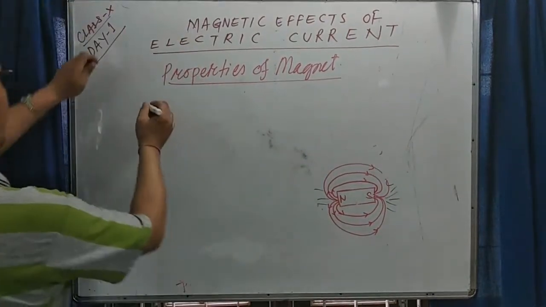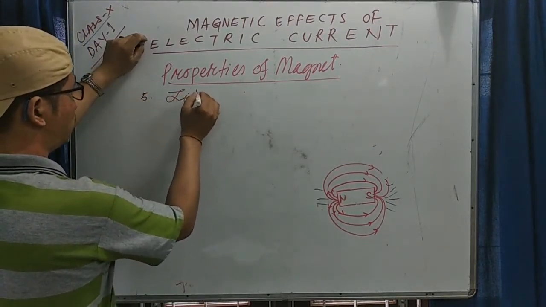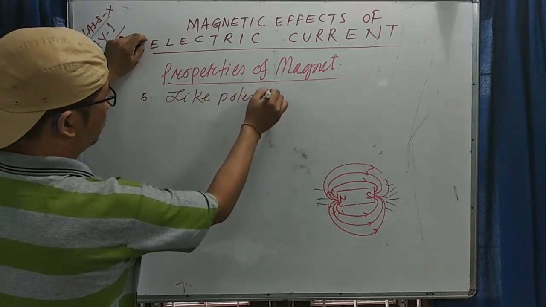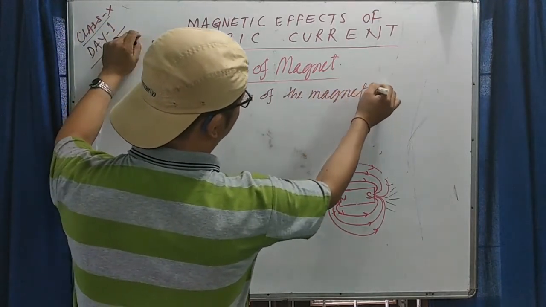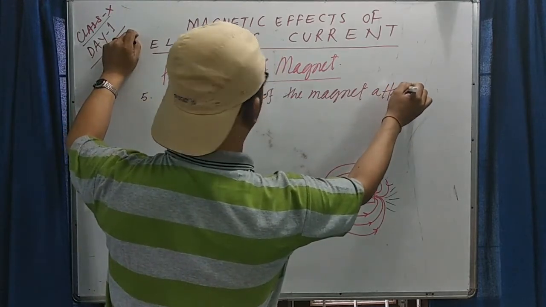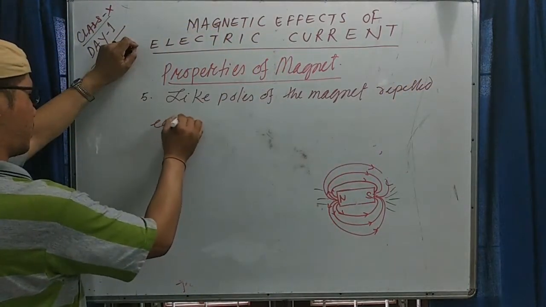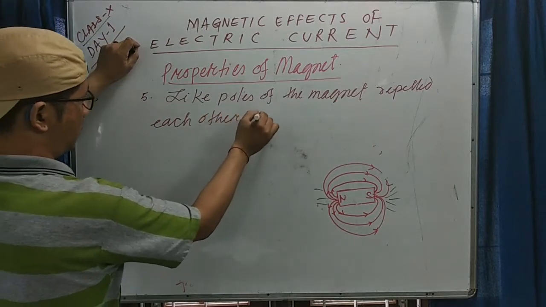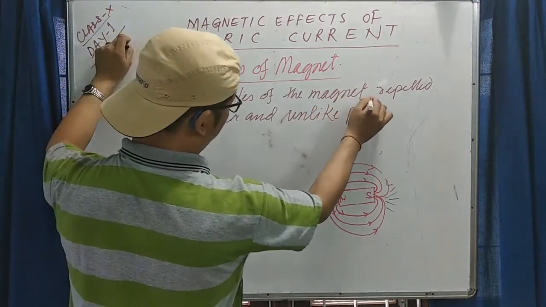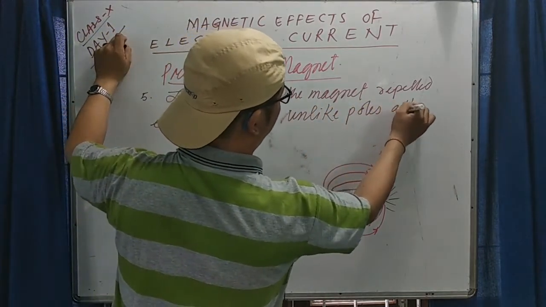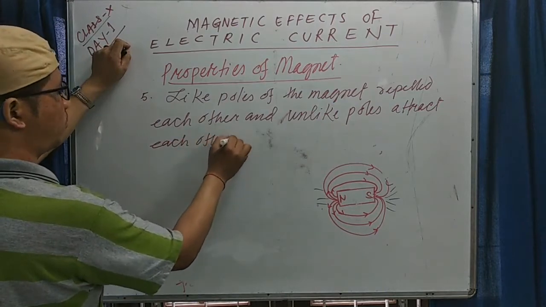Property number 5: like poles of the magnet repel each other, and unlike poles attract each other. Okay, so this point you have to keep in mind.